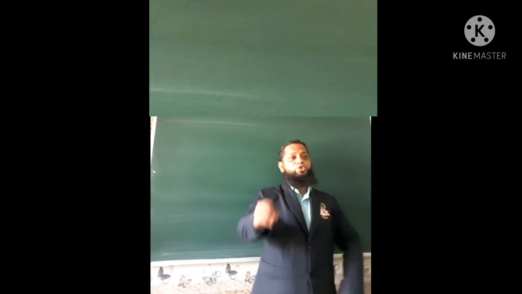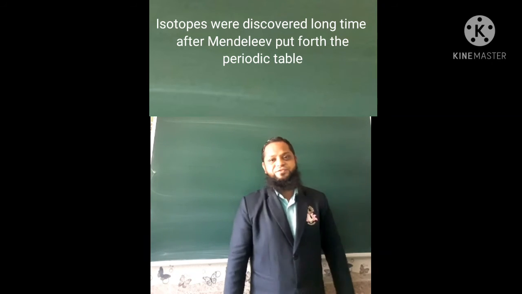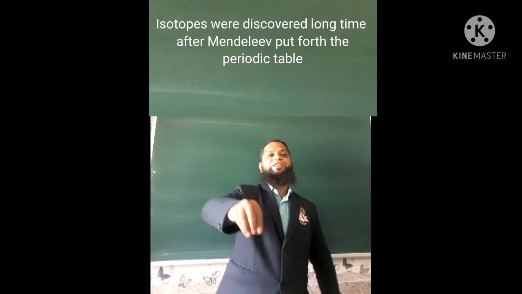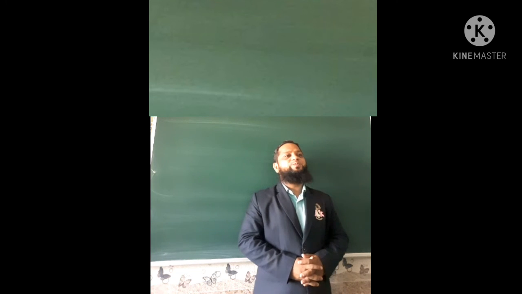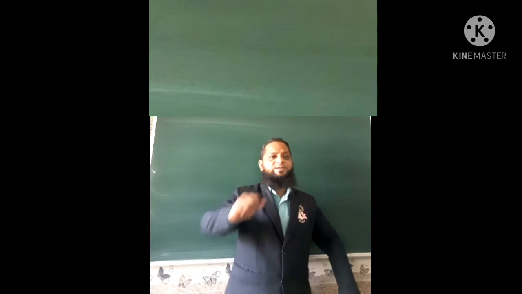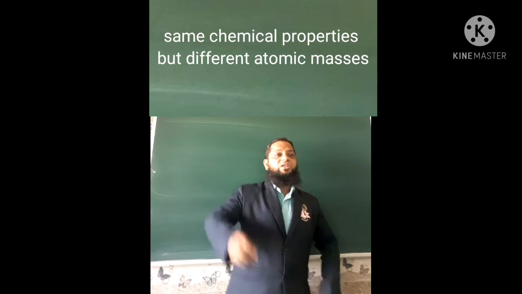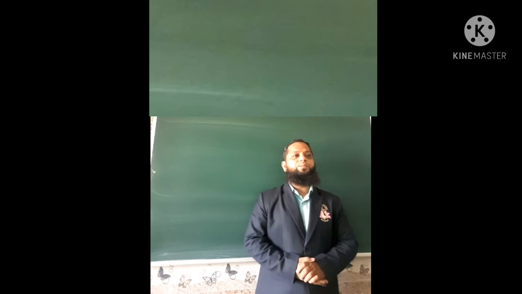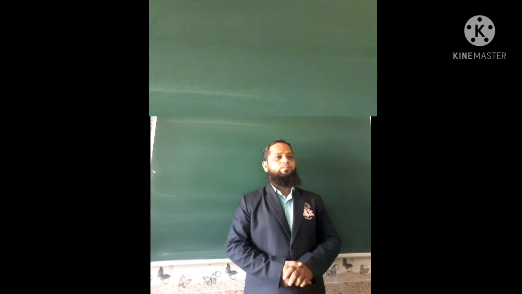Second, isotopes were discovered long after Mendeleev put forth the periodic table. What do you mean by isotopes? Isotopes have the same chemical properties and different atomic masses. A challenge was posed in placing them in Mendeleev's periodic table.